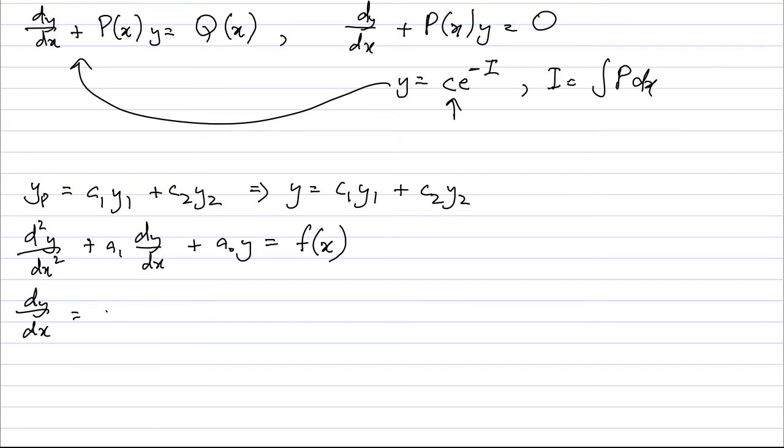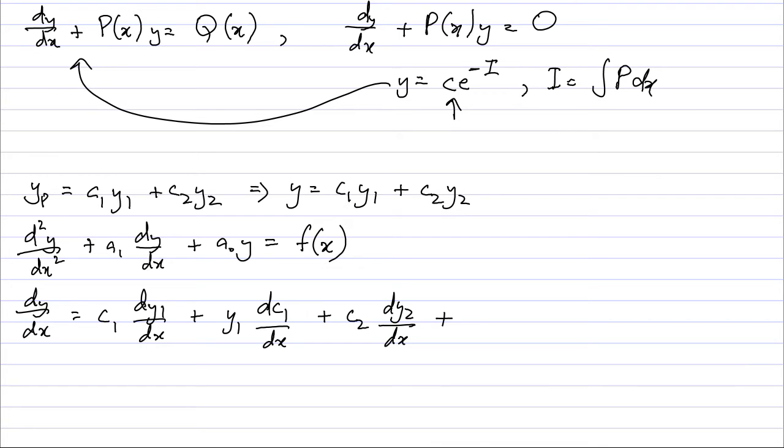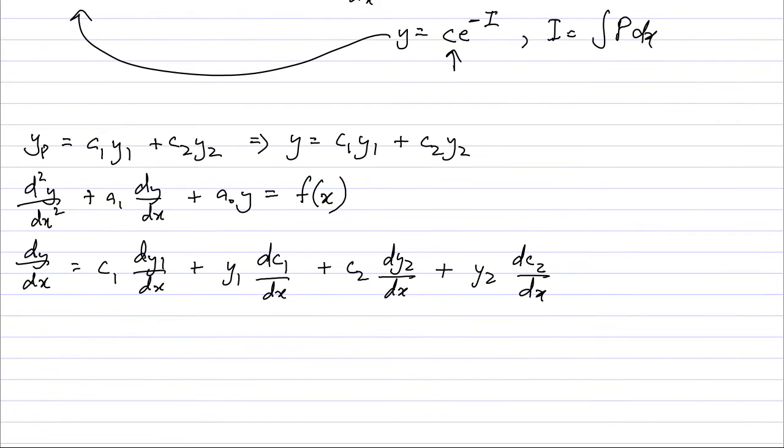So you have c1 dy1 by dx, and just use the product rule, remember, because c1 and c2 are not constants. So you have y1 dc1 by dx plus c2 dy2 by dx plus y2 dc2 by dx. I also need to work out the second derivative.